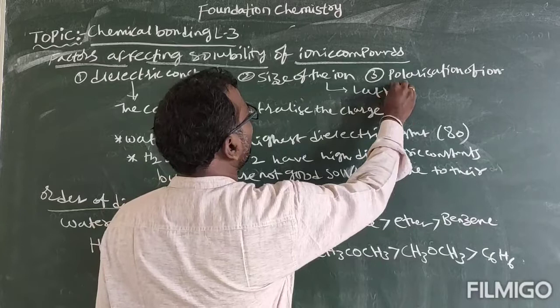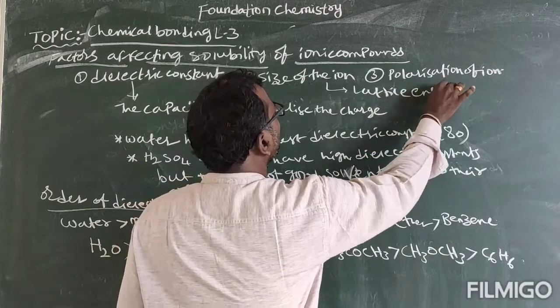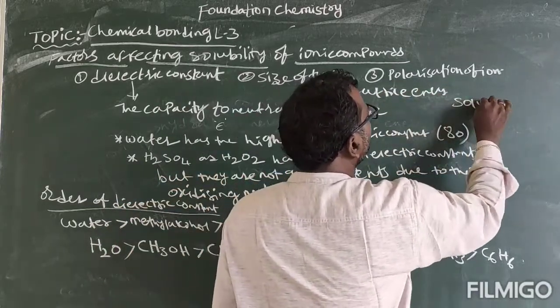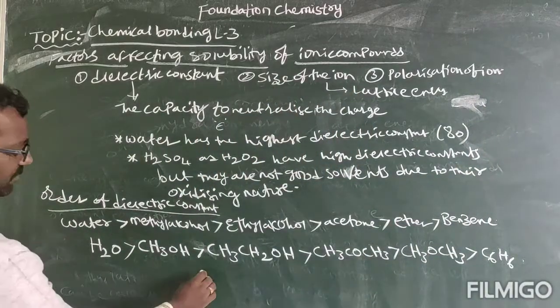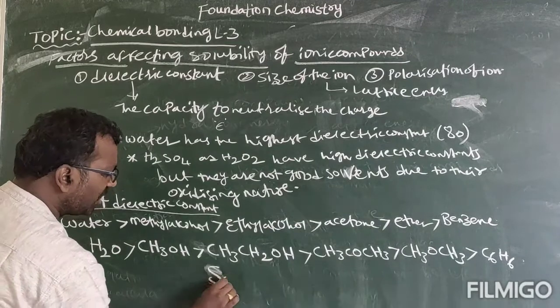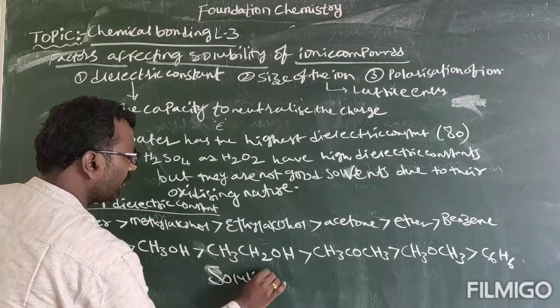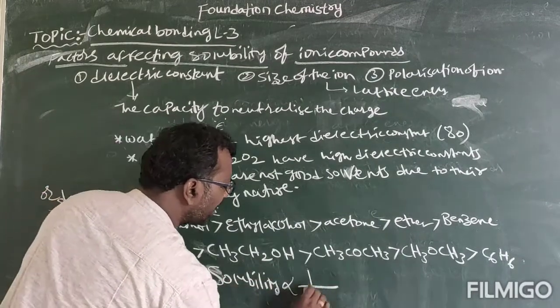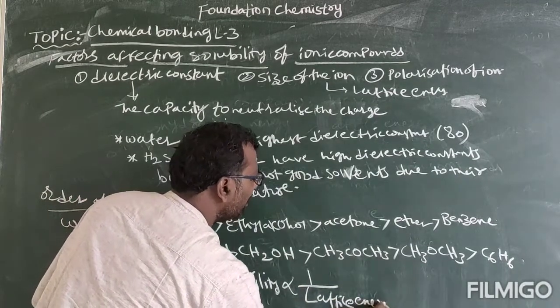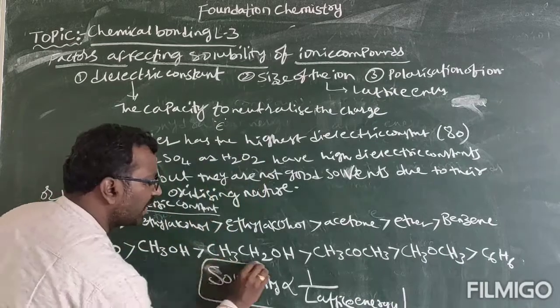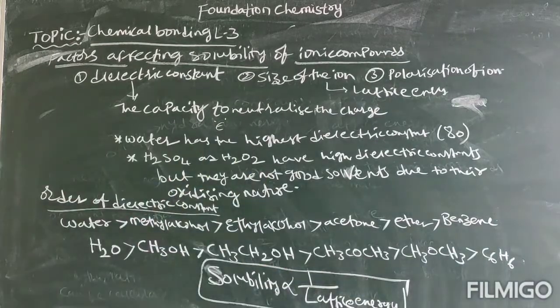And solubility is inversely related to the lattice energy. I can write here: solubility is inversely related to lattice energy. So the more the lattice energy, the less the solubility will be.